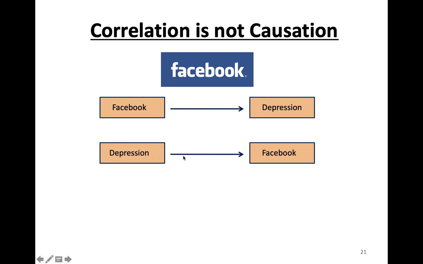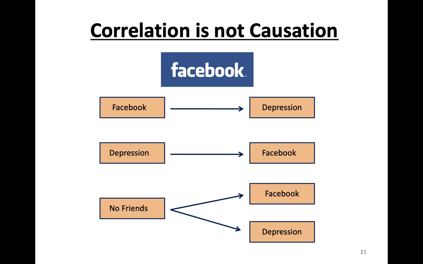And so it's the depression or lack thereof that is actually causing the amount of hours that people are spending on Facebook or other social media. Okay? So correlation is not causation, because it could be the case that we can't necessarily say what the direction of causality is.